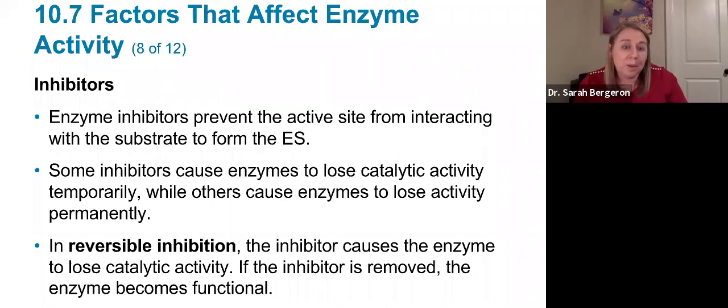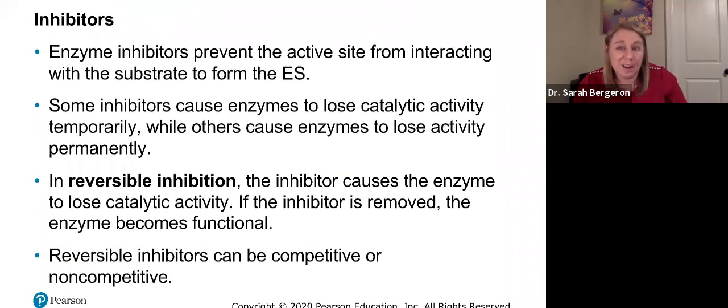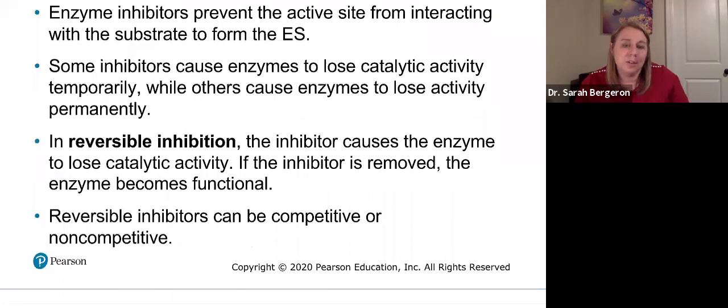So if it's a permanent change, then it's basically a suicide inhibitor. The inhibitor is stuck with the enzyme, and so that's a permanent change. But more often than not, it's a reversible inhibition. And so the inhibitor causes the enzyme to lose catalytic activity, but if we take away the inhibitor, then the enzyme's functional again, right? So reversible inhibitors can either be competitive or they can be non-competitive.